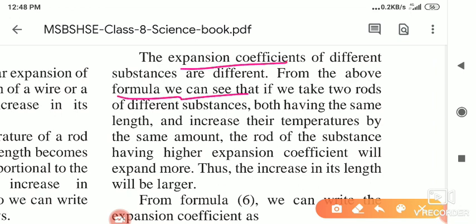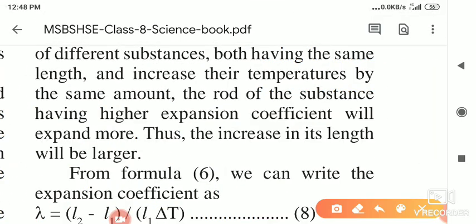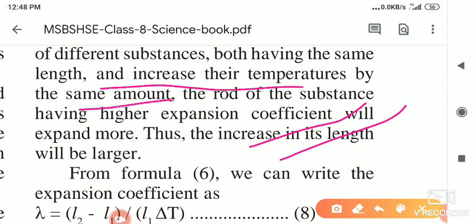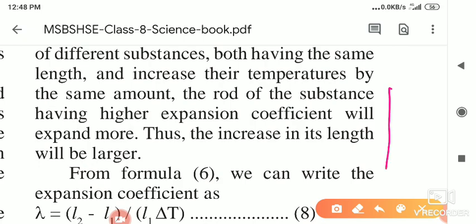From the above formula we can see that if we take two rods of different substances, both having the same length, and increase their temperature by the same amount, say one an iron rod and one a copper rod, and we provide the same heat to both, then the rod of the substance having the higher expansion coefficient will expand more.